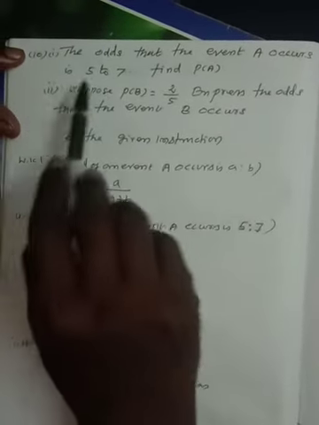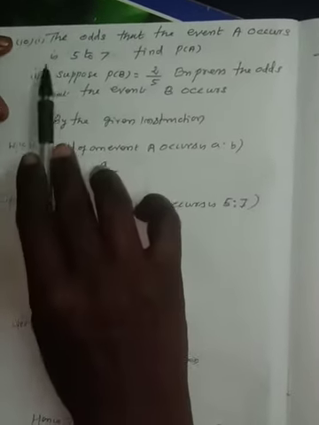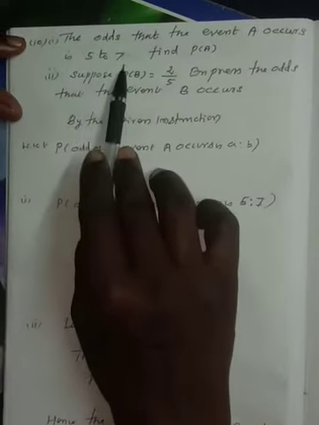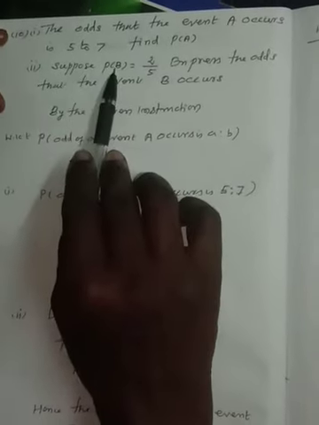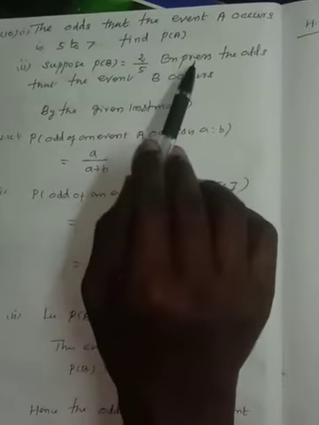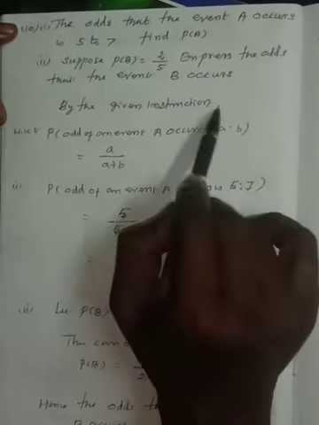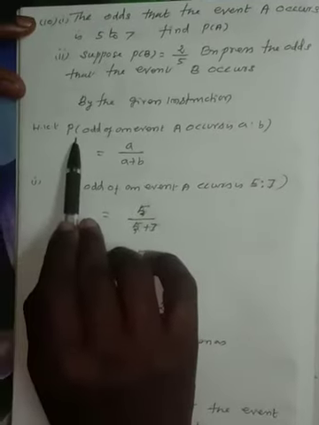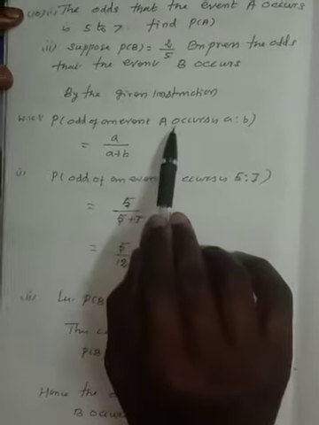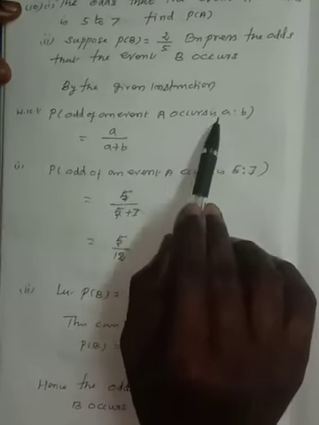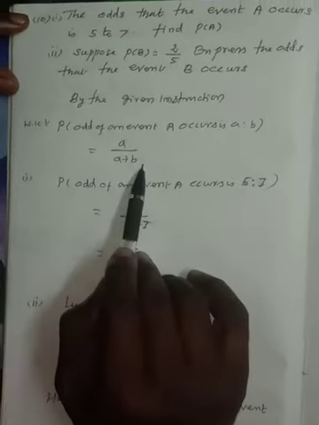Number 1. The odds that event A occurs is 5 to 7. Find P of A. Number 2. Suppose P of B is equal to 2 by 5. Express the odds that event B occurs. By the given instruction, we know that if the odds of an event A occurring is a is to b, then P of A will be a by a plus b.